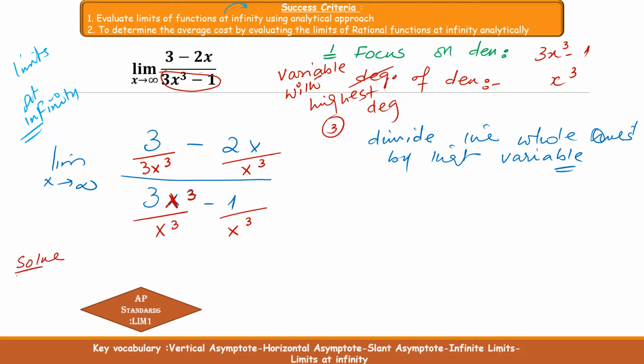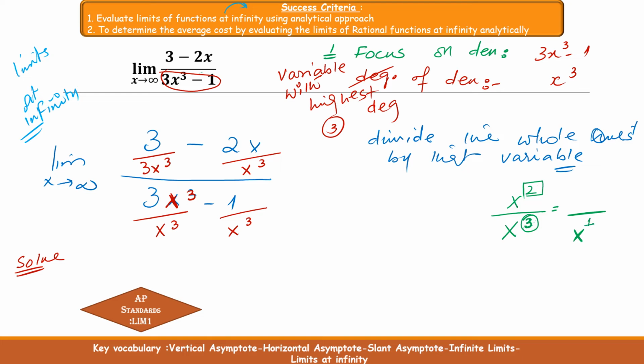Before you solve, let me remind you of one thing. If I have x to the power 2 on top and x to the power 3 on the bottom, where is the highest power? It is 3, right? Wherever you have the highest power, you subtract the other power from it. The highest power is down, so the answer will be down: x to the power of 3 minus 2 is x to the power of 1.